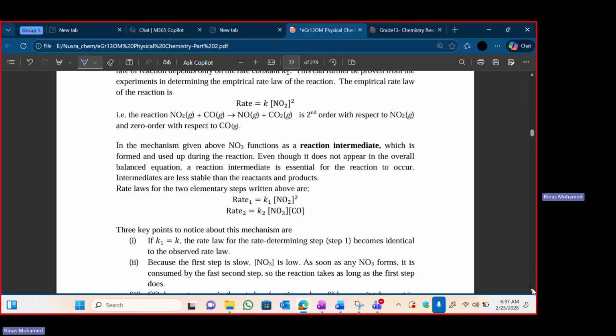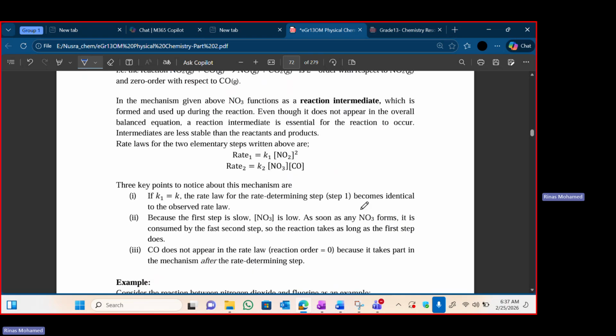Right? Then we can say that there is one conclusion they have given you; you can read here. K1 resembles the overall net reaction's K, right? That becomes identical to the observed rate law. The observed rate law is according to the practical data. That is identical to the first step, right?